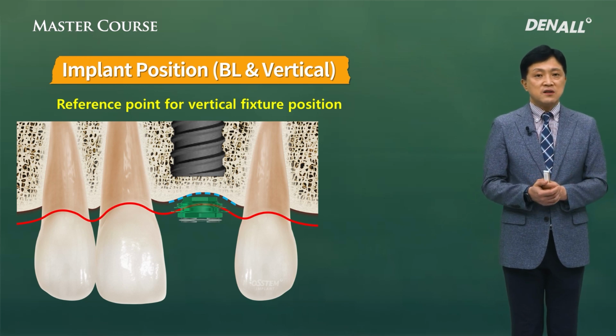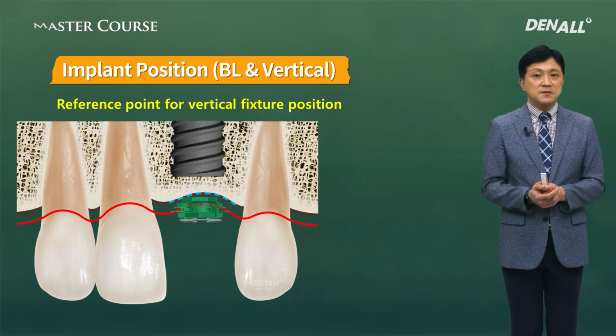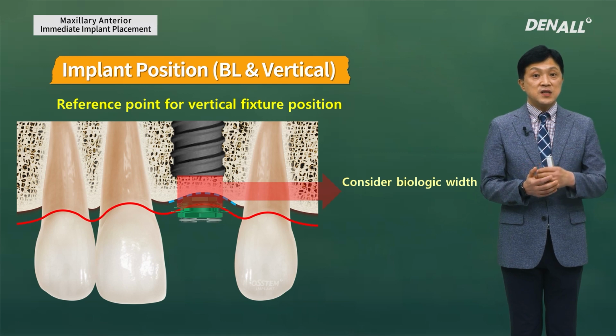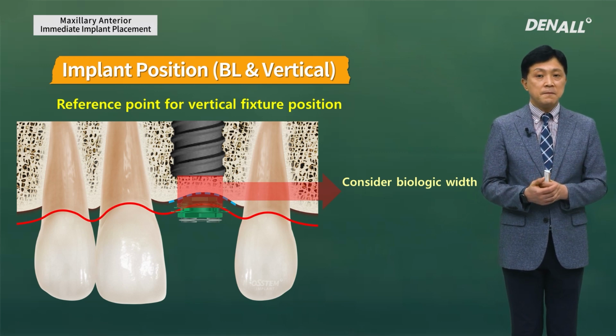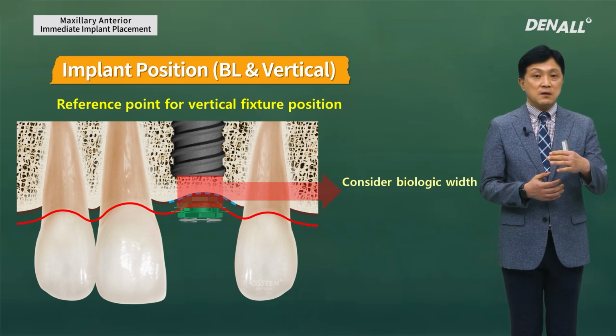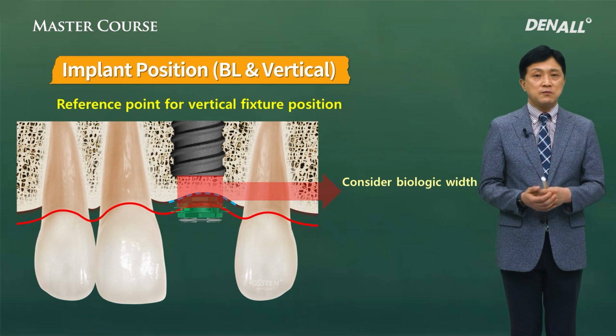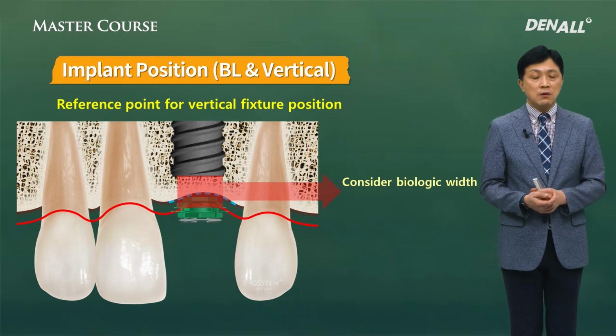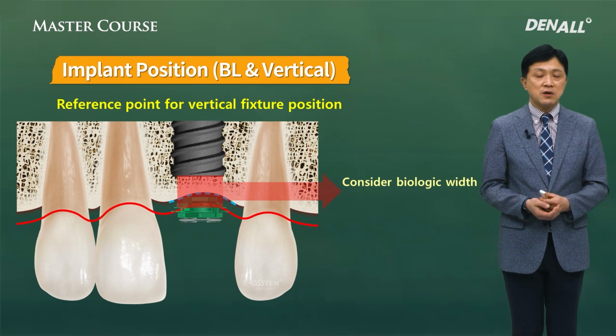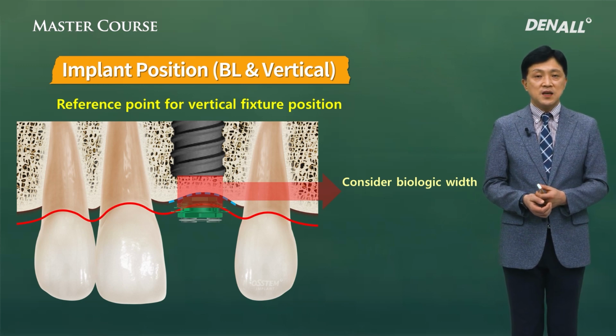The vertical implant positioning. We need to make the positions for the following reasons. Because we need to consider biologic width. In order to have sufficient implant biologic width, prosthetically it is also called a running room, and it is called a biologic width after the delivery of the prosthesis.